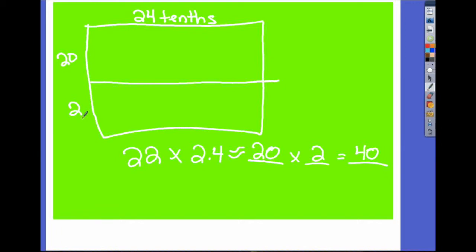Okay, so 24 times 2 is 48. Add the 0 back. But do I have the number 480? What do you think I have right now? Okay, 480 tenths. And then what do I do?